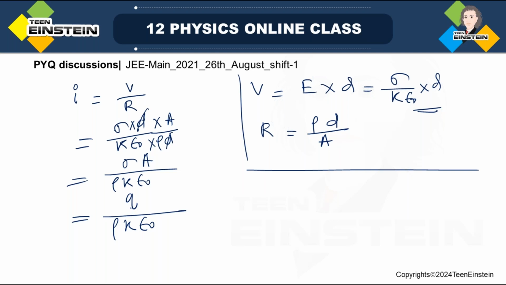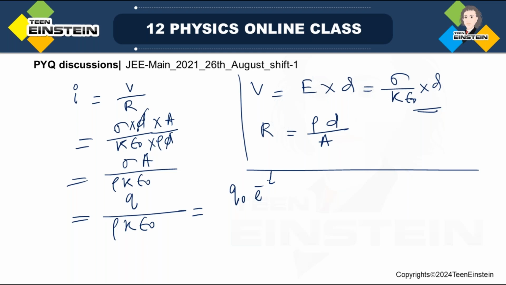This expression is for any arbitrary time, and see this Q I can write as Q0 e to the power minus T by CR. Okay, here rho is K into epsilon naught. And see what is CR again? See R, we have got this one.